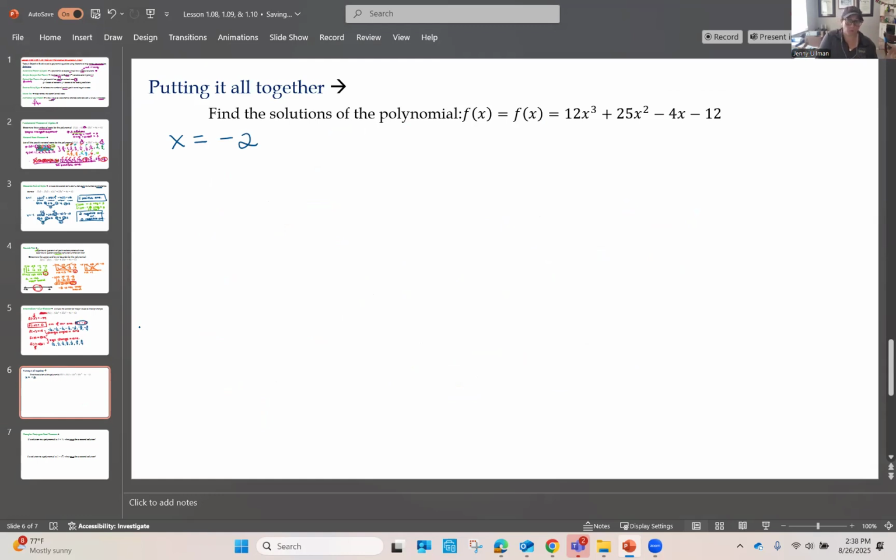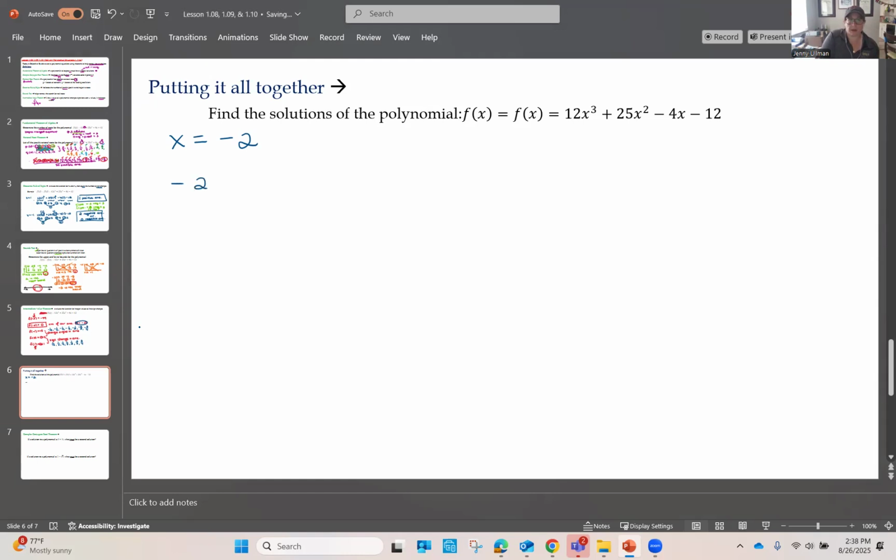Once we have one solution, we can use synthetic division, get this down to something that can factor so we can find our other answers. Again, if I did not find this in the process, I would go back to my list, see what numbers I have left after eliminating, and start doing synthetic division. We don't need to guess and check because we found one in our solving process.